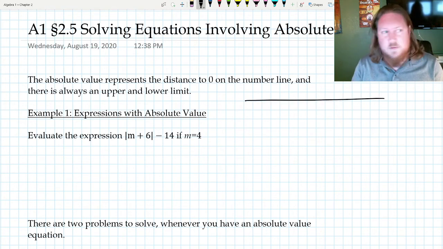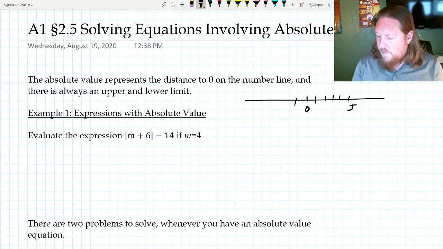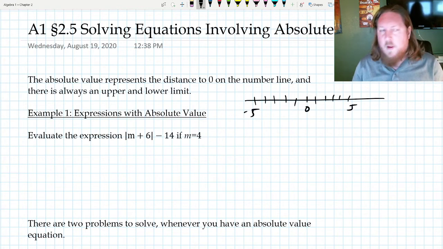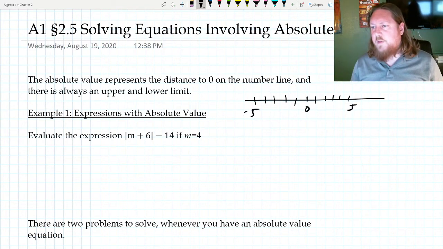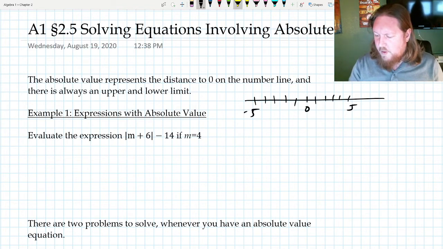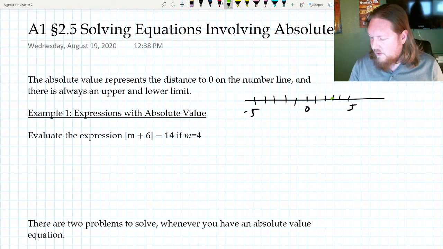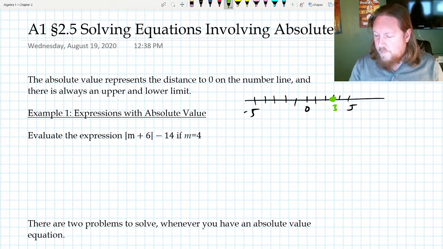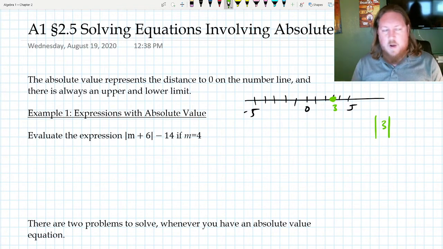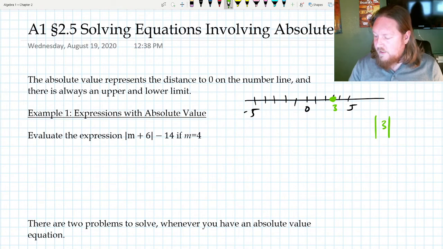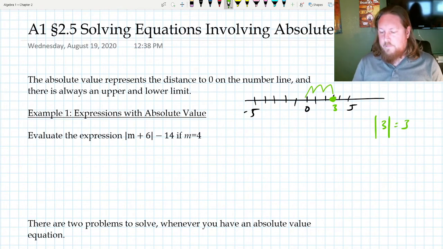So if I just sketch out a quick little number line, I'm not lining it up with the graph paper at all, but if you have a point on it, let's say I put a green dot here at positive 3, the symbol is 2 vertical bars, and it's asking the question, how far is that point from 0? And it is 3 spots from 0, so it returns 3.